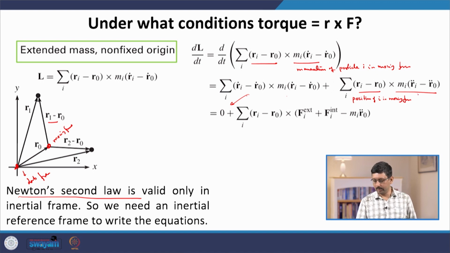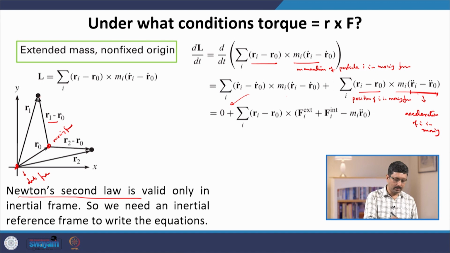The first is the acceleration, so this quantity r_i double dot minus r_0 double dot is the acceleration of i in the moving frame.